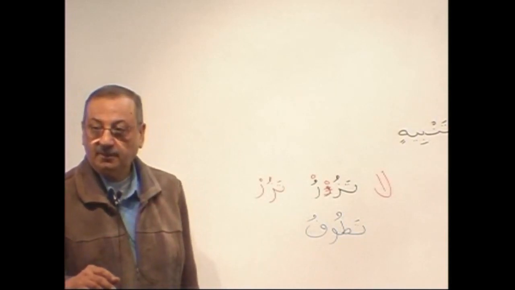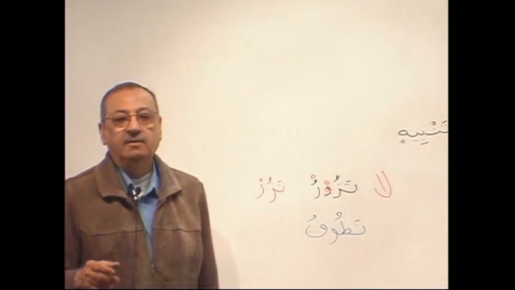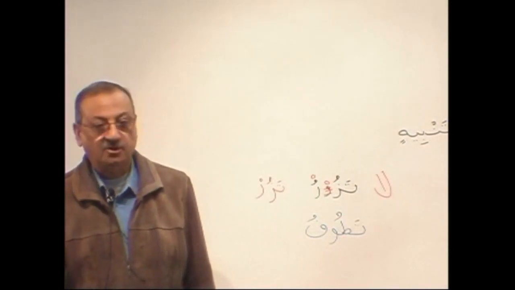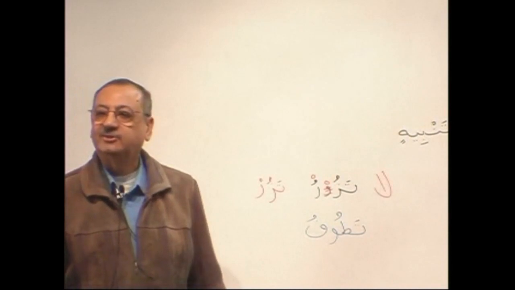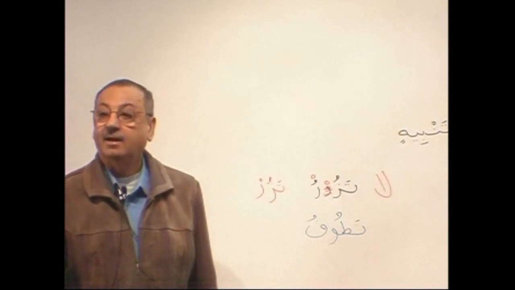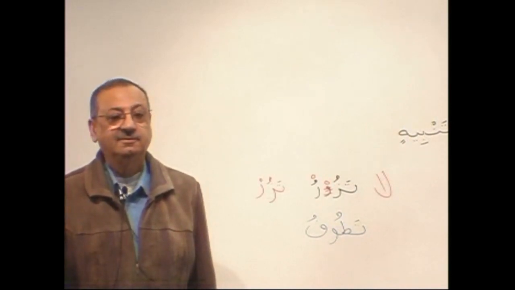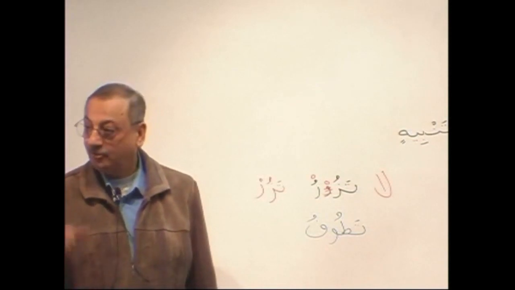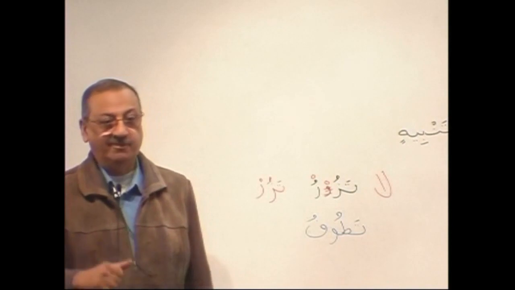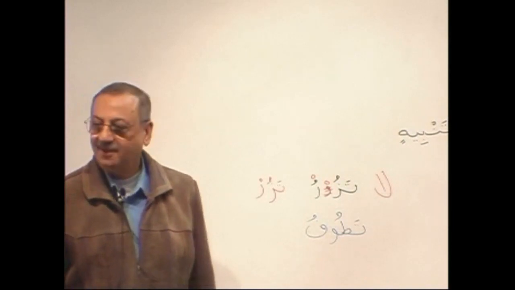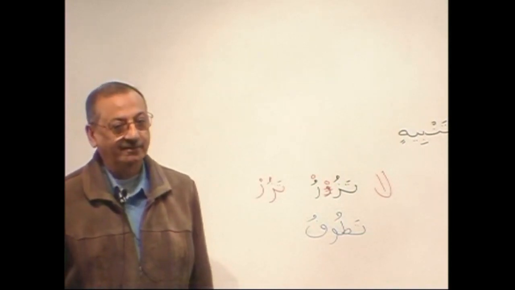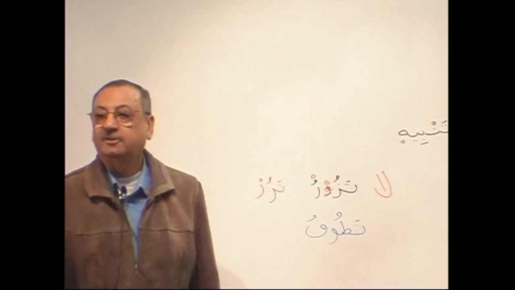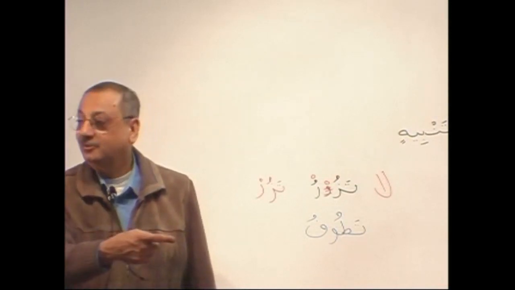For example, I say, nobody leaves the class. It's an order. How do I say in Arabic? La yakhruj ahadun min al-fasl. None of you can now leave. So la yakhruj. Where is the fa'il for yakhruj? Ahadun.